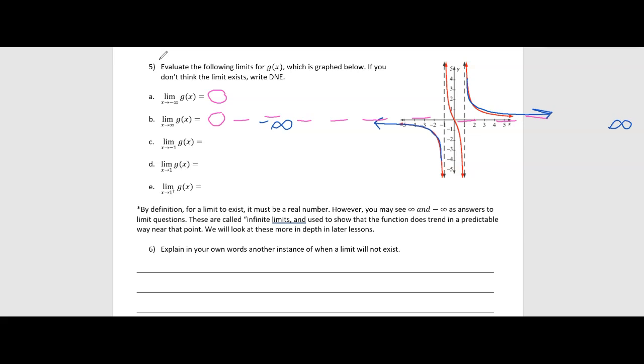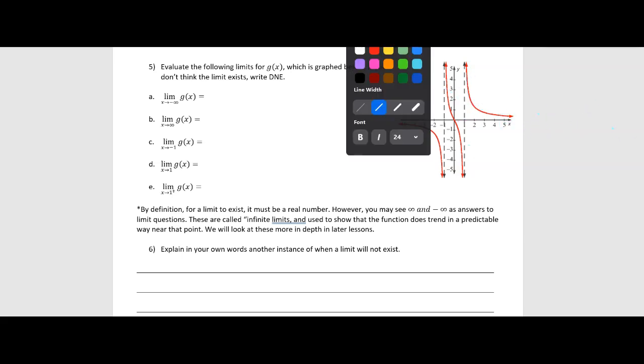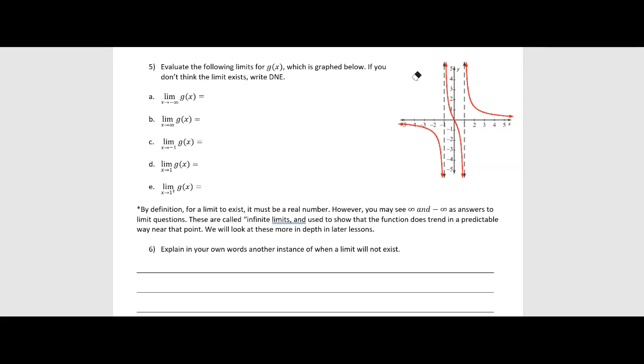So as x approaches -1, we need to figure out the limit of g of x. Now, because this is not a one-sided limit, we do need to approach from both sides. So I'm going to get rid of all this other stuff. So -1, let's approach from the left-hand side.